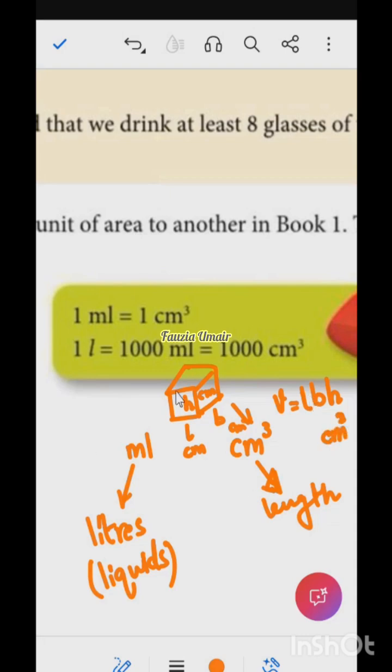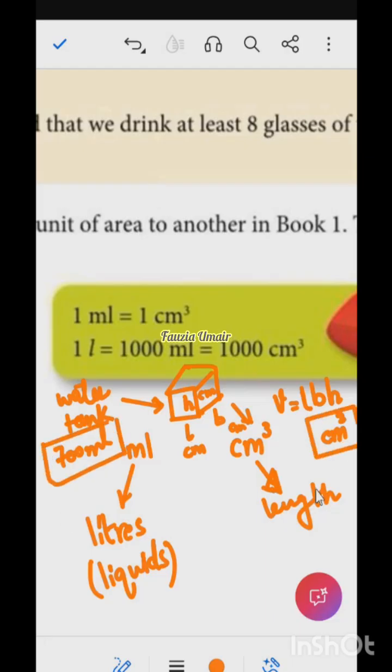But if we say, for example, for this water tank, how much water can come in this water tank, or somebody says there 700 milliliters can come in this tank, now the unit is milliliter and here the unit was cubic centimeter.